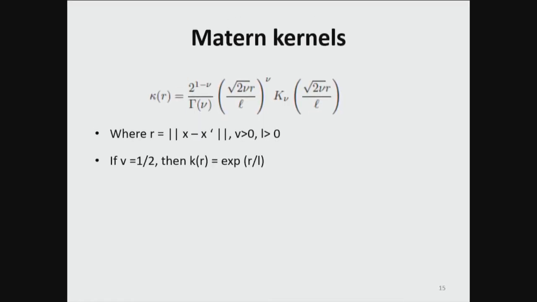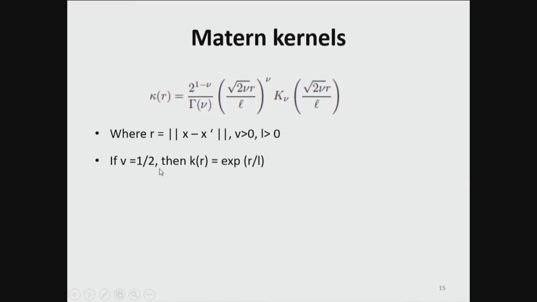Then we come to the next, which is said to be the Matern kernel. The Matern kernel is defined as K of R using this formula, where R is nothing but the norm of x minus x dash, and the notations are V greater than 0 and L also greater than 0.